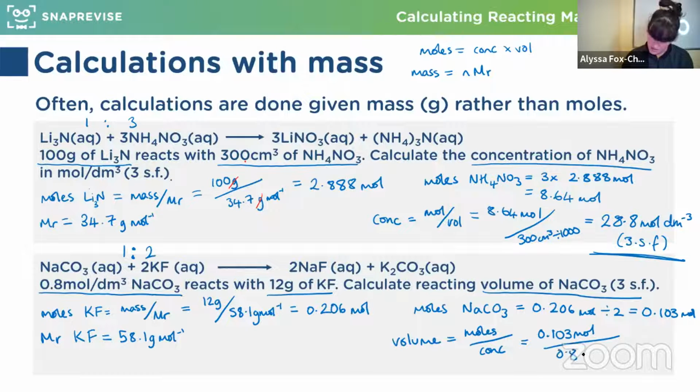My concentration is 0.8 moles per decimeter cubed. That's going to give me a volume in decimeters cubed. Doesn't matter though. So volume of sodium carbonate, decimeters cubed, again to 3 significant figures.